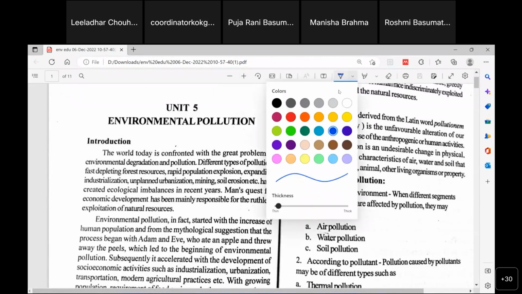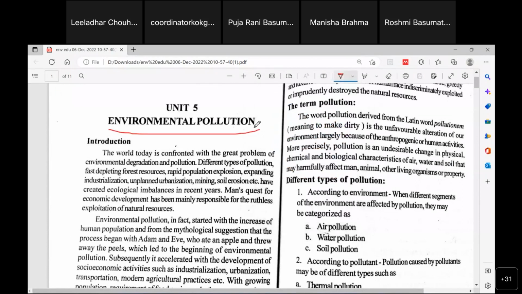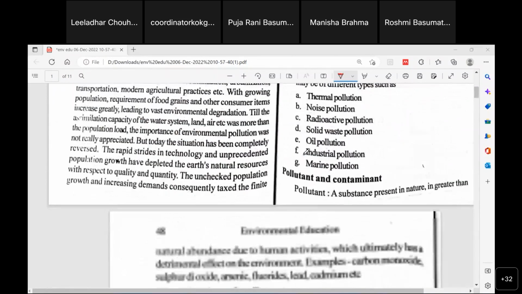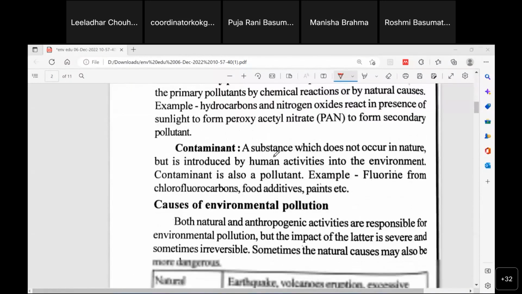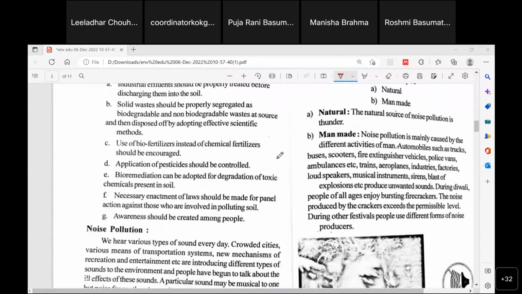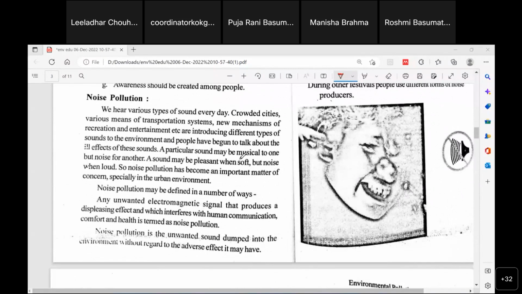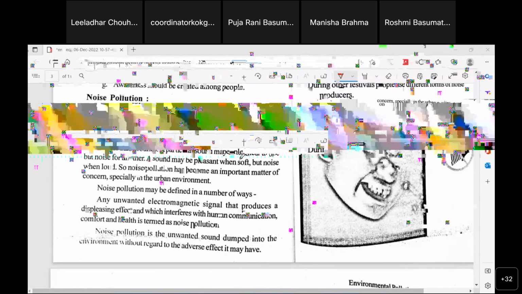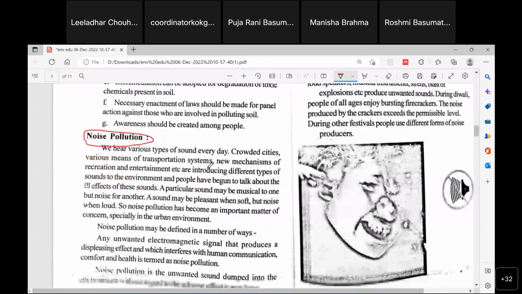We will be taking environmental pollution. Next, within environmental pollution, basically the noise pollution, I'm going to take that.